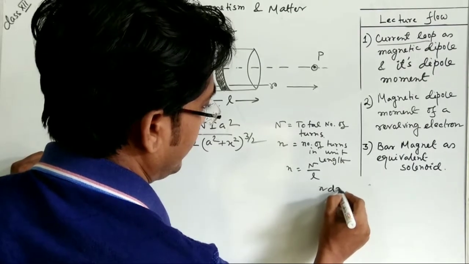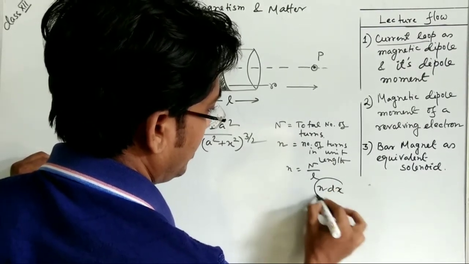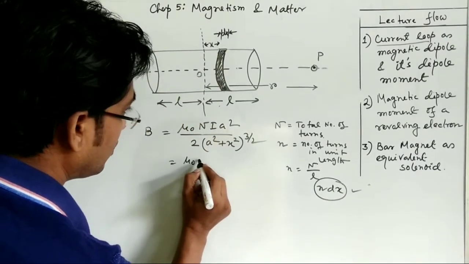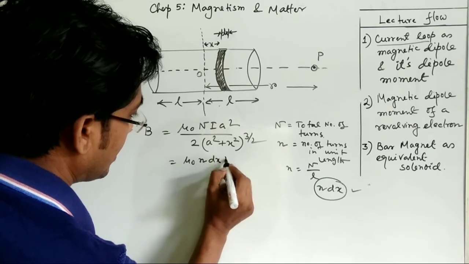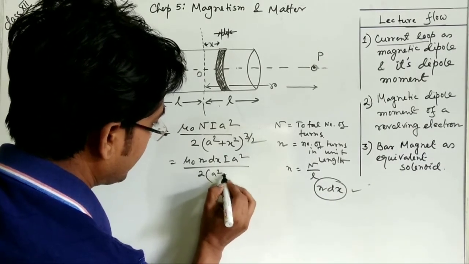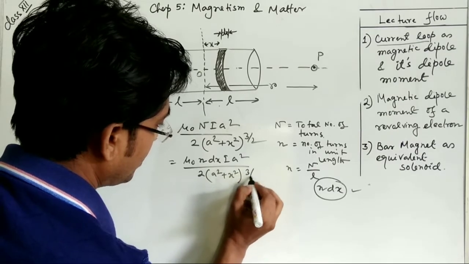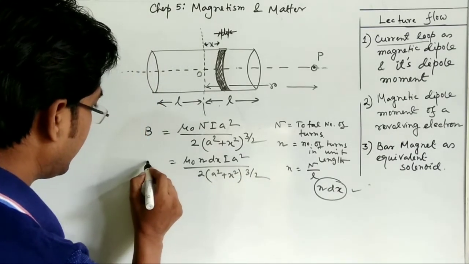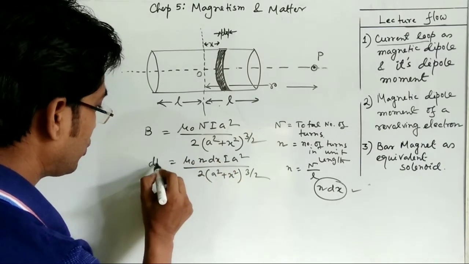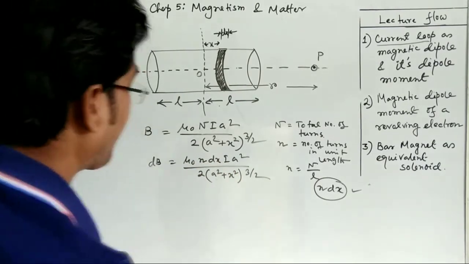So for the strip the number of turns is small n into dx. So here we can write mu0 small n dx i a square by 2 into a square plus x square whole to the power 3 by 2. Since we have taken the small element dx, the field will also be a small dB.